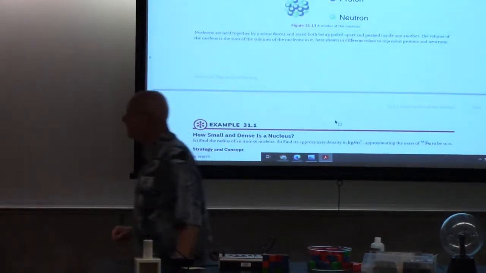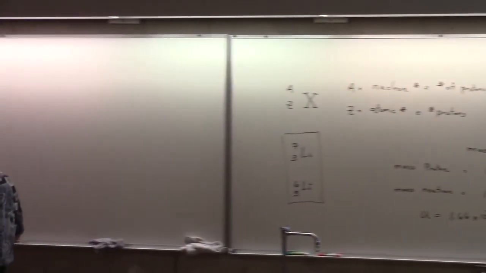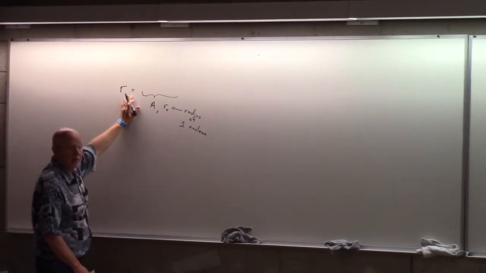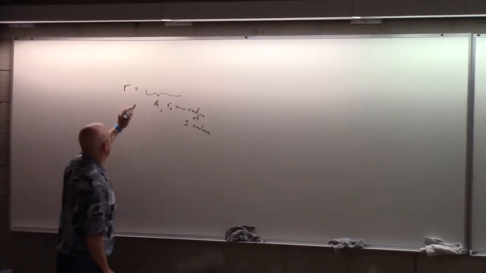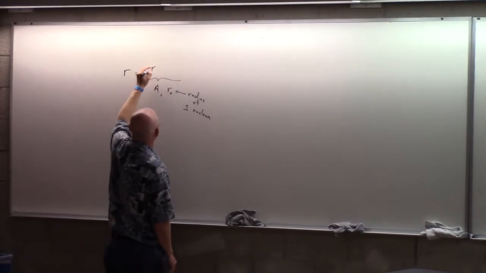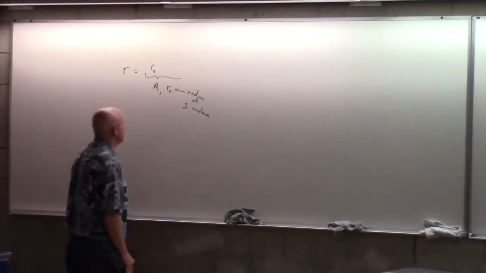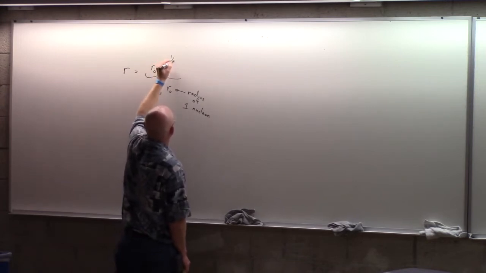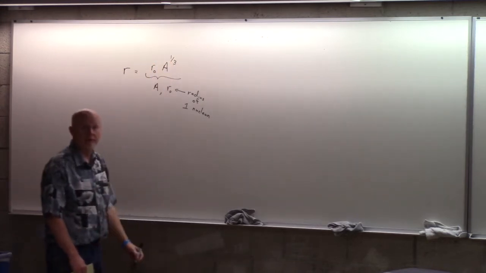That's why I'm going to then say that the radius of an atom is the radius of one little nucleon times A to the 1/3.